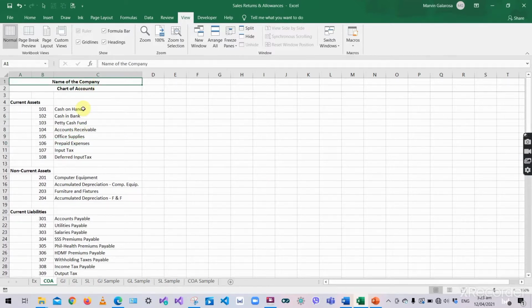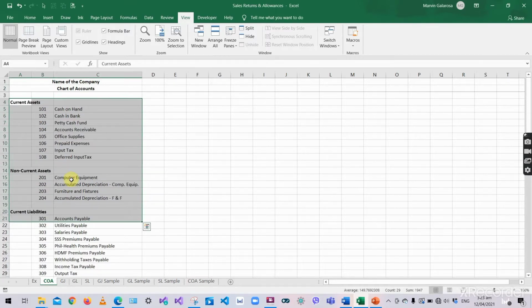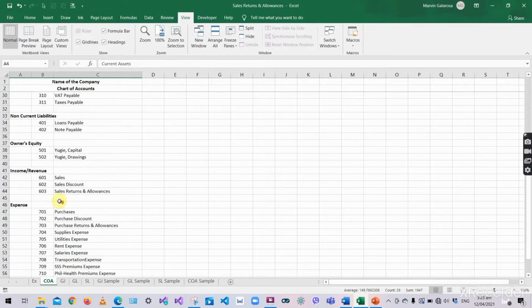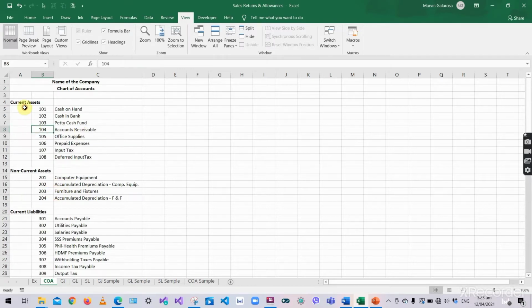On the heading, you're gonna write the name of the company and then the title of the record, chart of accounts, and then it will show you the current assets, non-current assets, current liabilities, up to the expenses. So under each classification, you will see the account numbers and the account titles.